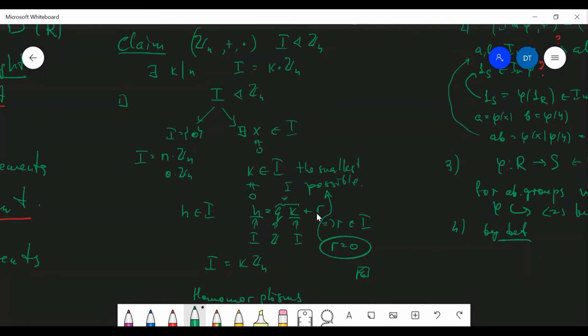So if the remainder is inside I, then by definition of the division, R must be strictly smaller than K. And K was chosen as the smallest non-zero element of I. So since R is smaller and also belongs to I, then R must be 0. And this proves that H is divisible by K. So every element H of I is of the form K times something.